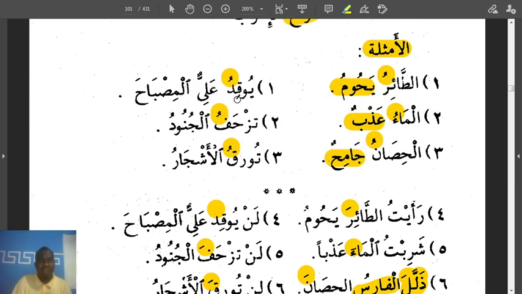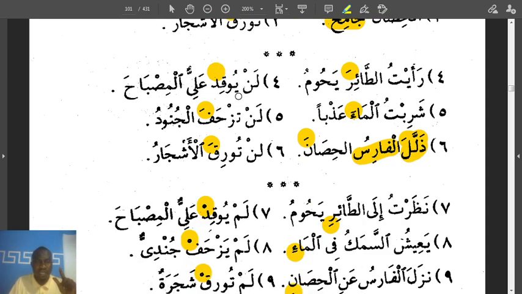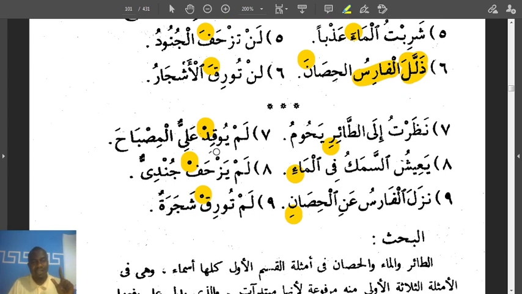Here, verbs also take fatha, dhamma, and skun. Verbs do not take kasra at their end. Come with me, let's see it here. It says yuqidu with dhamma, yuqida or tazhafa with fatha, and then lam yuqid, yazhaf, turik with skun.